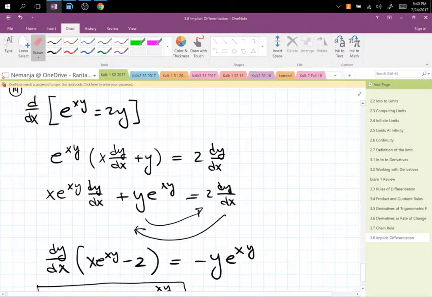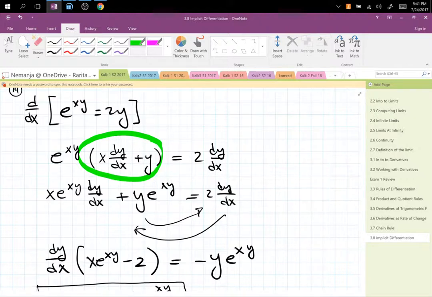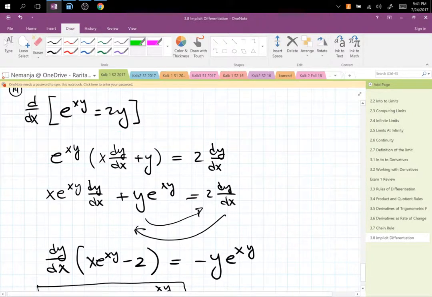But in the exponent, we had the product rule from the xy part. You copy the first, which is x. Derivative of y is 1 times dy dx. Plus copy the second, which is y, times derivative of the first, which is x, which is 1. So y times 1.